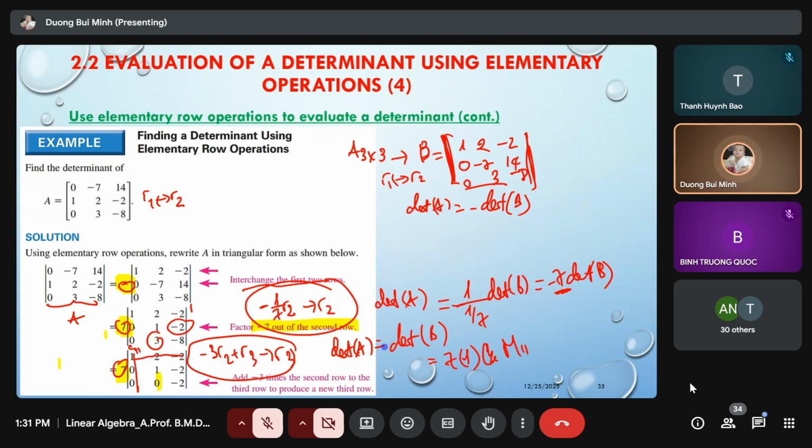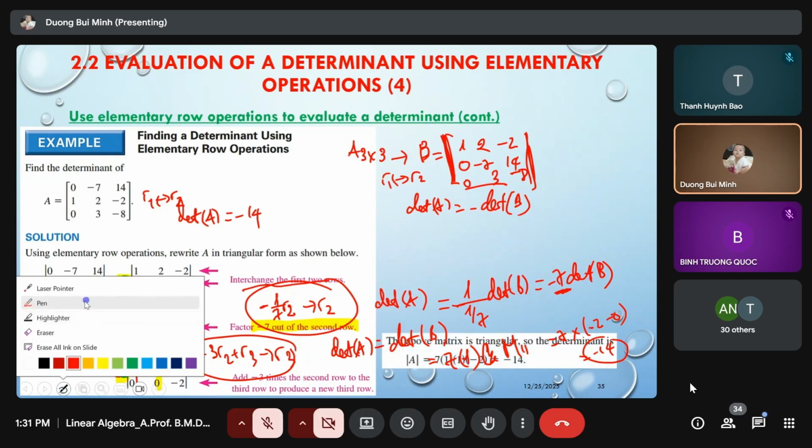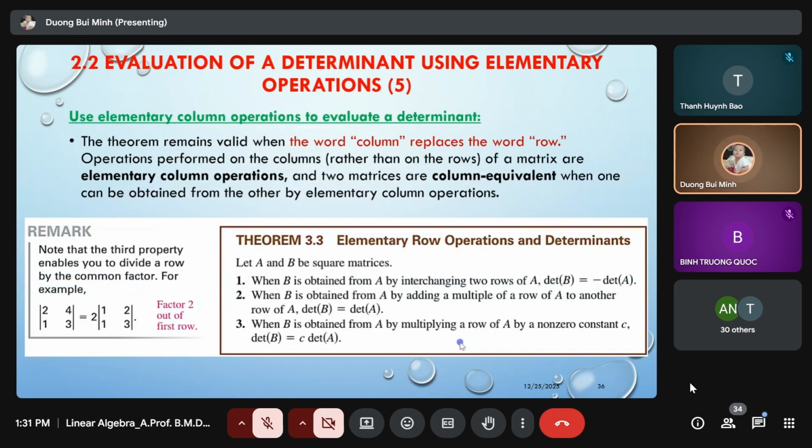Okay, so you can get 7 times minus 2 minus 0, so you get minus 14. So the determinant of A is minus 14. Okay, yeah. You get minus 14. Any questions so far?